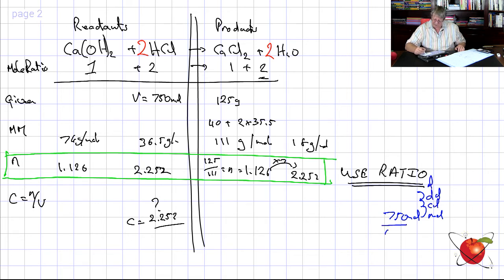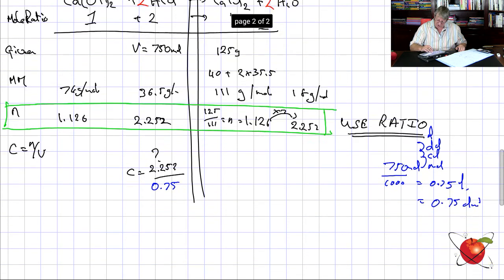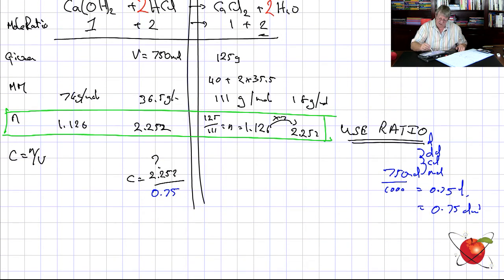So I divide it by 1,000, which is 0.75 liters, which is 0.75 decimeters cubed. Divided by 0.75, my concentration here of the acid is 2.252 over that, which is 3 moles per cubic decimeter.